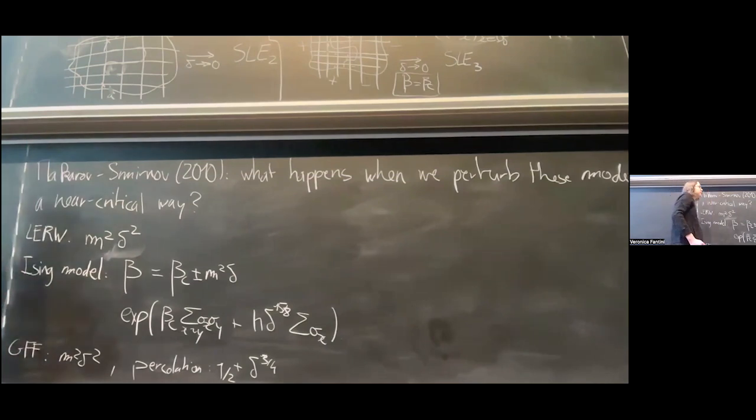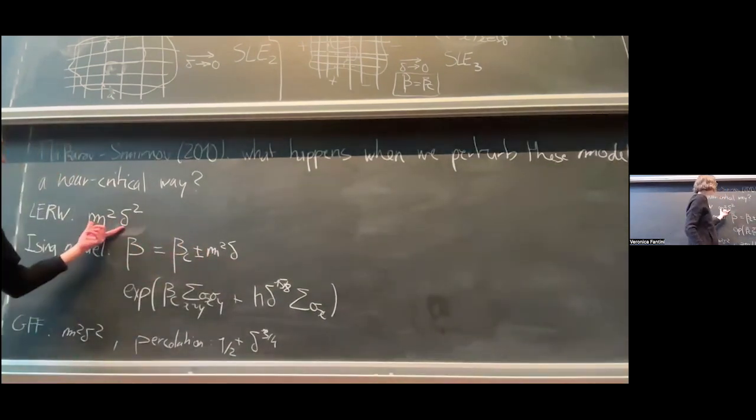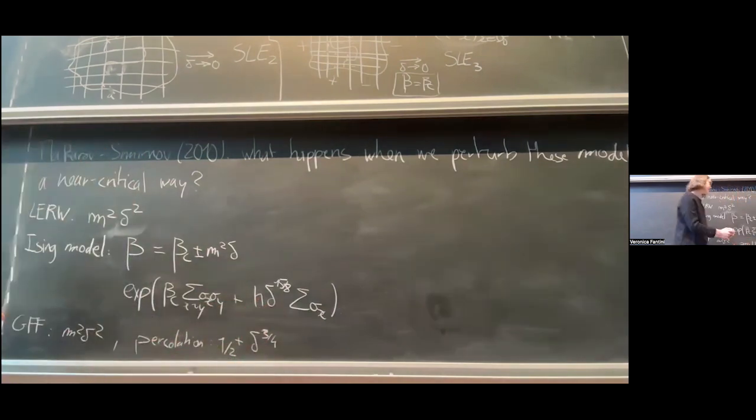The reason why you would lose conformal invariance is because on the lattice, this perturbation introduces a finite correlation length, so you can't expect conformal invariance in the scaling limit. But it's not that bad, in the sense that this conformal invariance should be replaced by a conformal covariance property. So you would have a parameter that would have to be changed when you go from one domain to another in a conformal way.